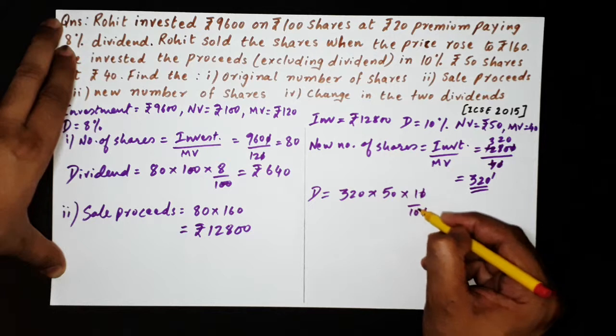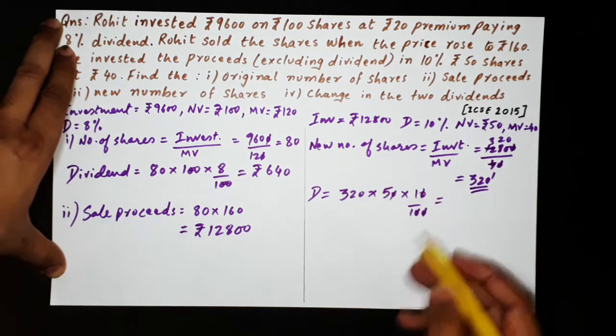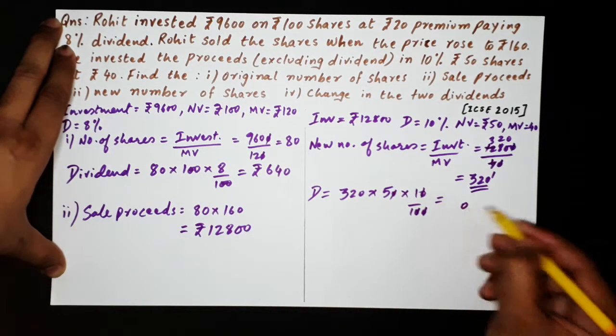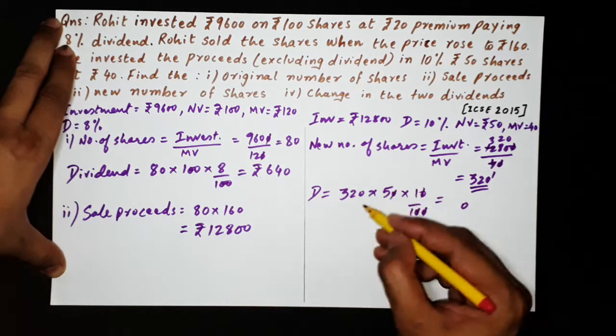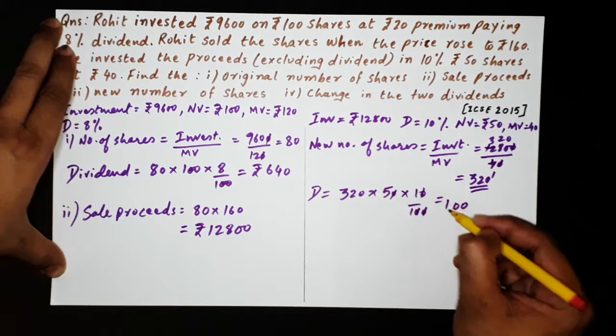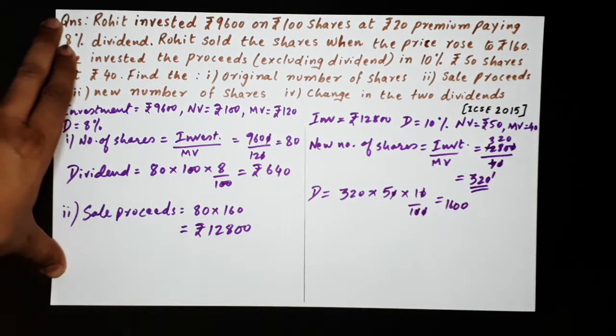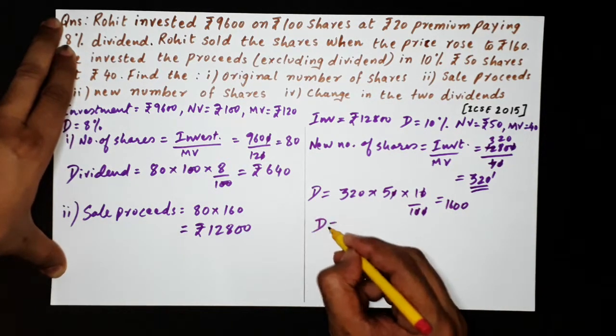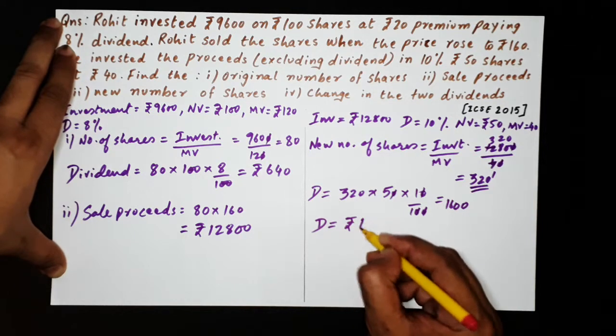If we cancel this, 5 zeros are 0, 5 twos are 10, and this comes as 1600 rupees. So the new dividend is rupees 1600.